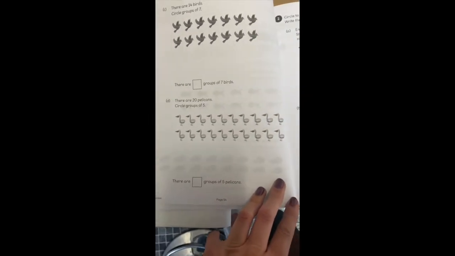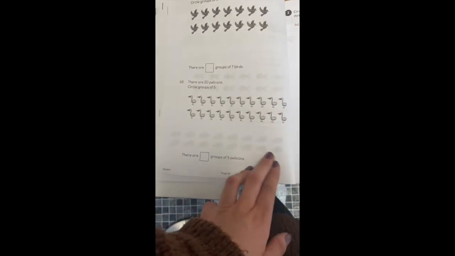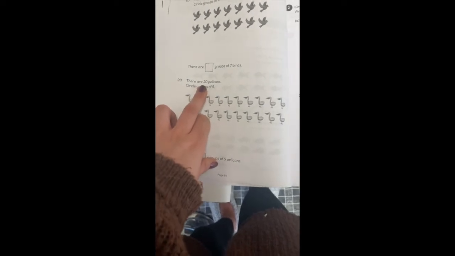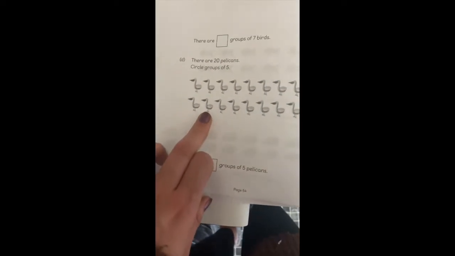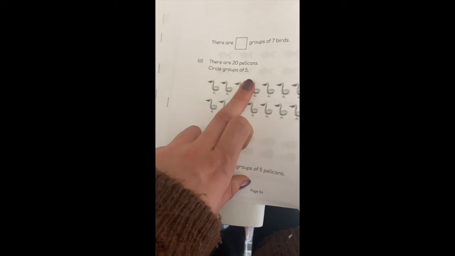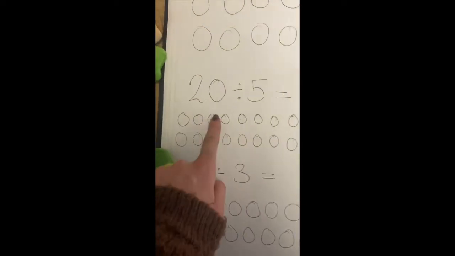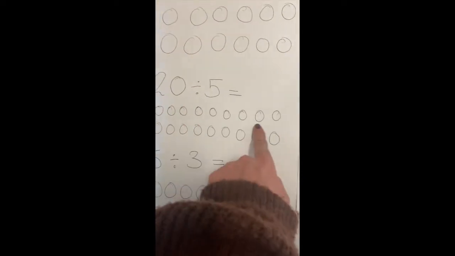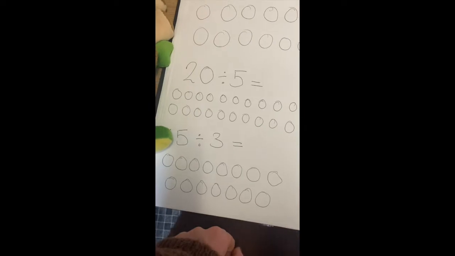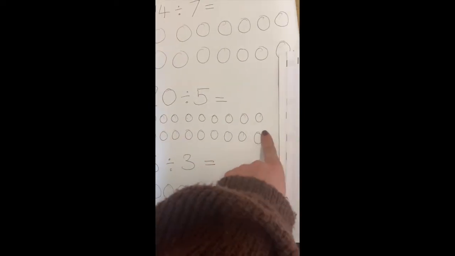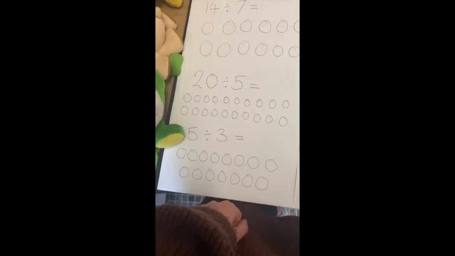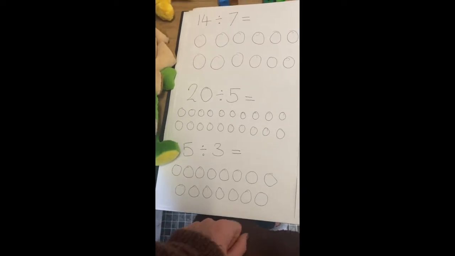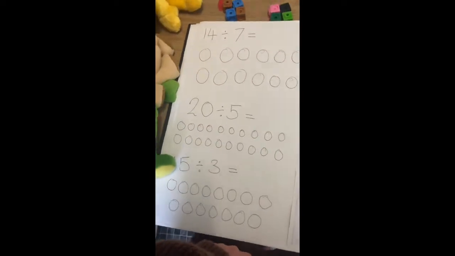Right, once you have worked that out, the next question is there are 20 pelicans, circle groups of 5. This is asking us to do 20 divided by 5. Draw 10 circles along the top and another 10 along the bottom underneath to create an array, and work out that answer.